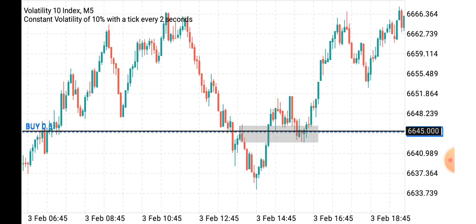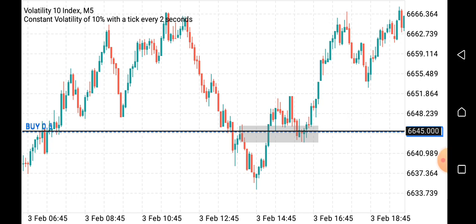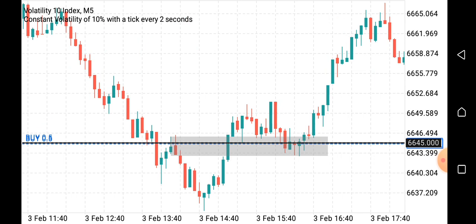Do you see this? You see the numbers after the point, they are now zeros, right? Do you see exactly where the line is? So that is where I took my entry. I can zoom in. So this is how you add.